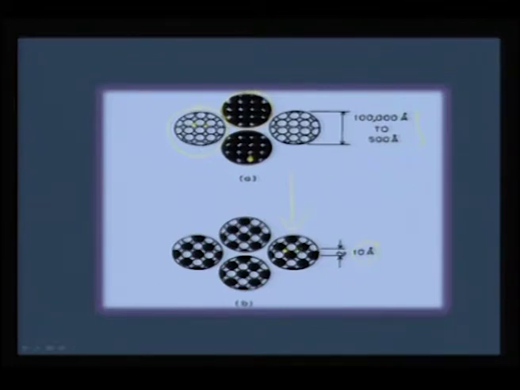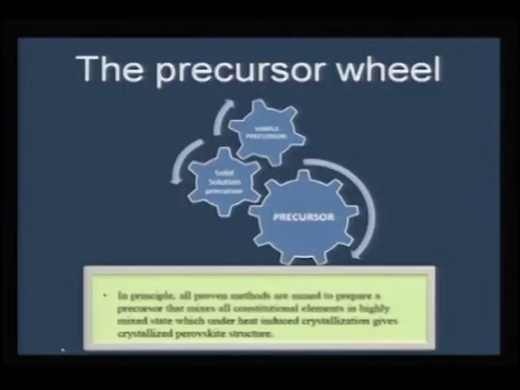So, you are reducing the distance between two metal atoms by orders of magnitude. As a result, you are enhancing the reactivity, and that is the strength of the precursor technique. If you are able to stabilize good precursors, then you are affecting the atomic level doping, atomic level composition, and subsequently its reactivity.